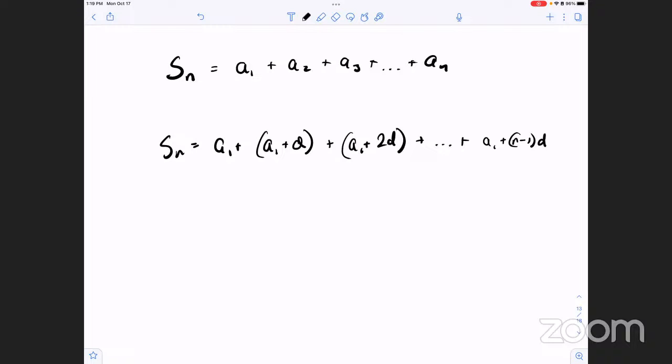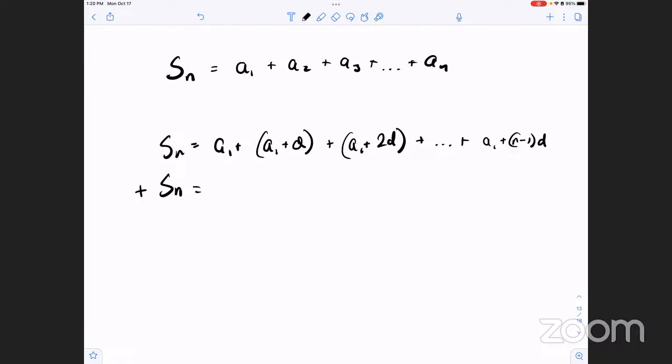So then let's consider that same sequence. Let me see, I'm going to give it a go. So let's consider the same sequence, but we're adding it, and we're going to reverse the order. So we're going to say the nth term first.